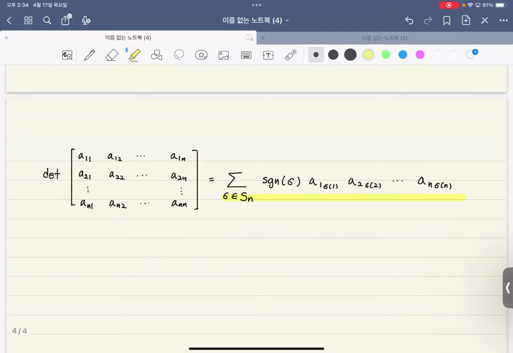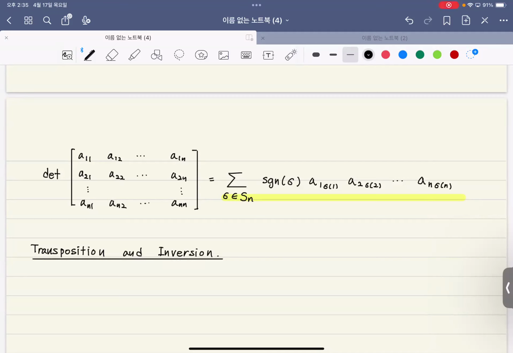Actually, when they try to compute the determinant, they use a very nice technique, which is called the cofactor expansion, which I will introduce from now on.